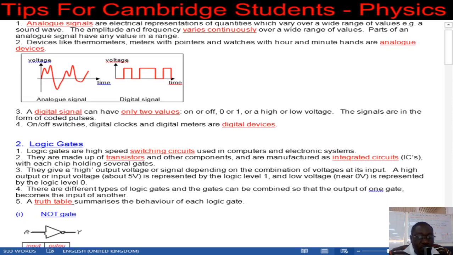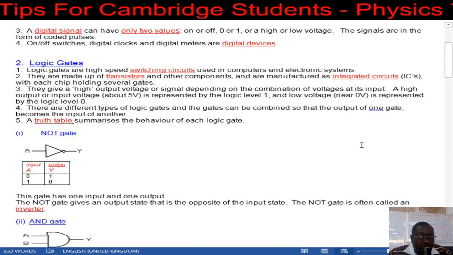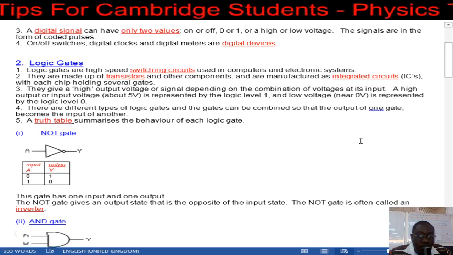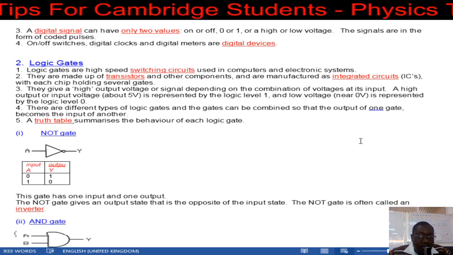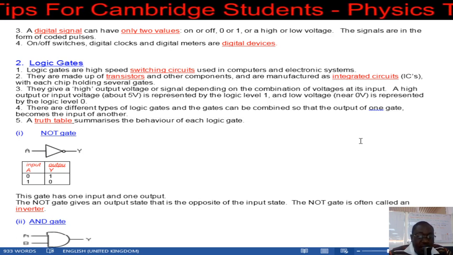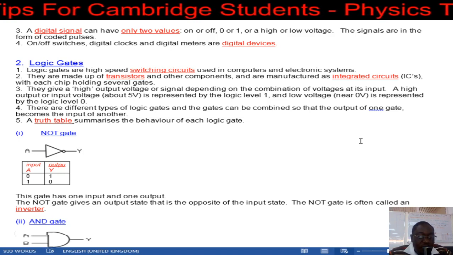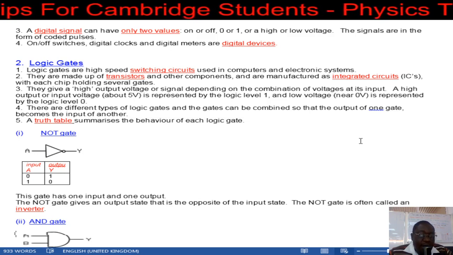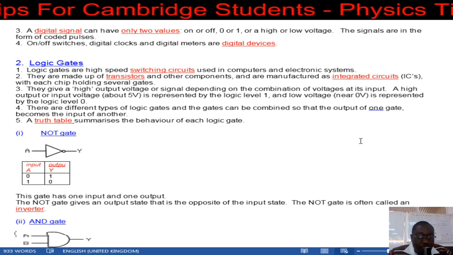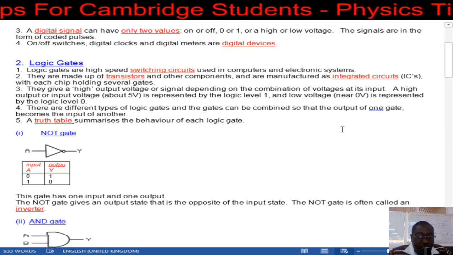Now, we're going to move on to talk about logic gates. Logic gates are high-speed switching circuits used in computers and electronic systems. They are made up of transistors and other components and are manufactured as integrated circuits, ICs, with each chip holding several gates. They have a high output or a signal depending on the combination of voltages at its input.